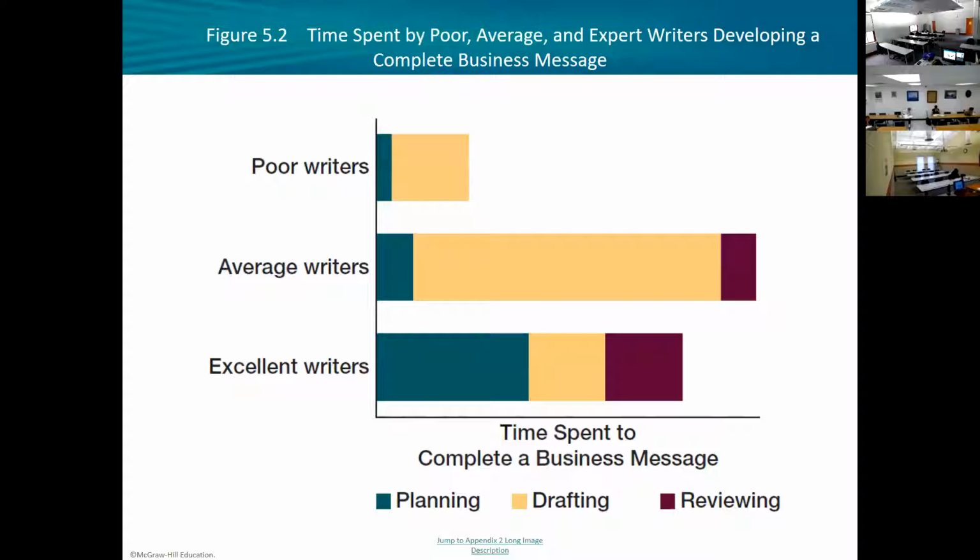But the most excellent writers spend, out of these three categories, more time planning their message than they do in drafting and reviewing the message. So the secret is to devote a much higher percentage of time to the planning and the review than to the drafting stage of your messages.